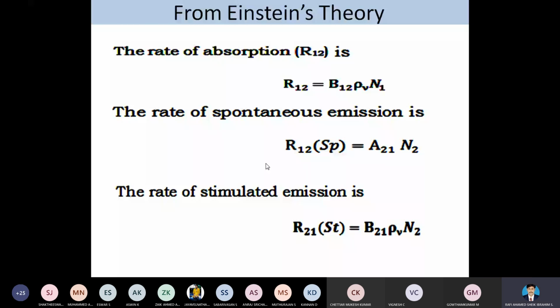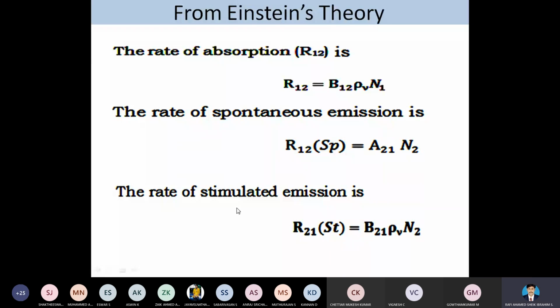We are going to consider only the basic mathematical steps, along with some fundamental principles of physics. So here the rate of absorption R12 is B12 rho V N1. The rate of spontaneous emission R21 is equal to A21 N2. The rate of stimulated emission R21 is equal to B21 rho V N2. So kindly make a note of it. These 3 equations are very important.